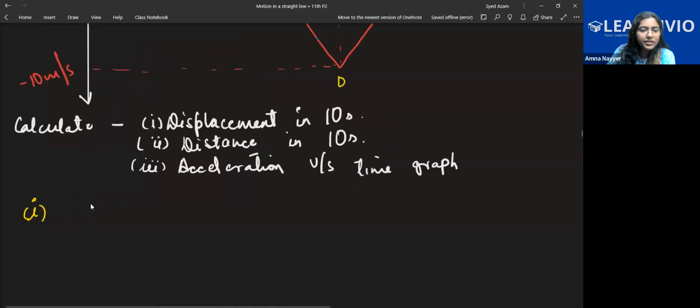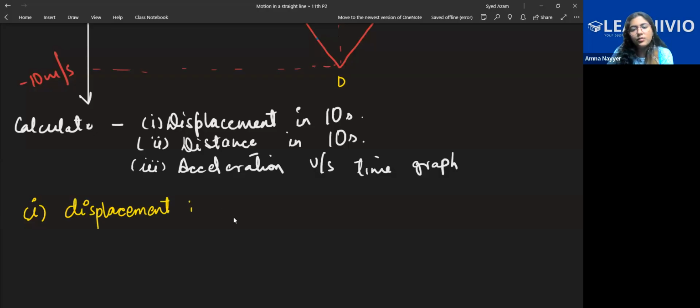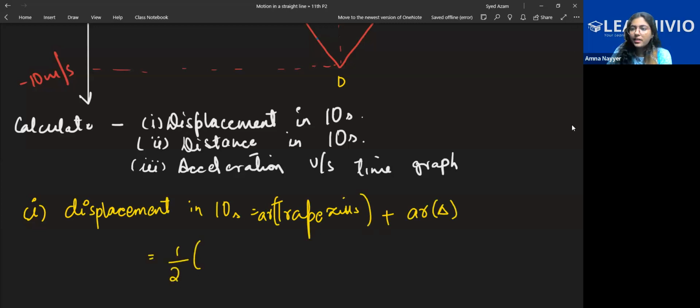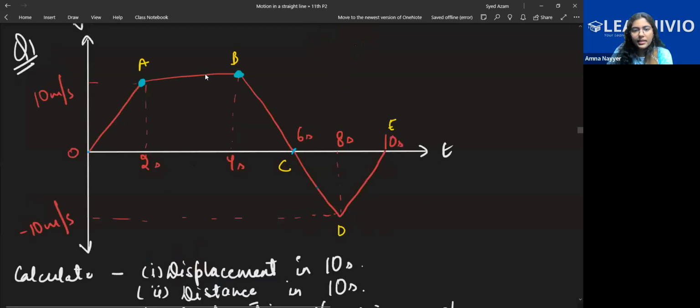The entire displacement in 10 seconds will be the area of the trapezium plus the area of the triangle. Area of the trapezium is half into sum of parallel sides. Let's check: this is 4 minus 2, right?